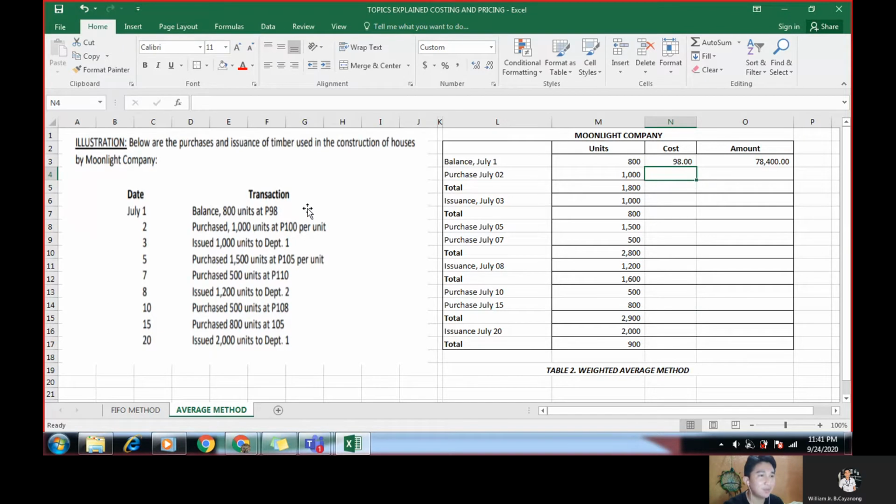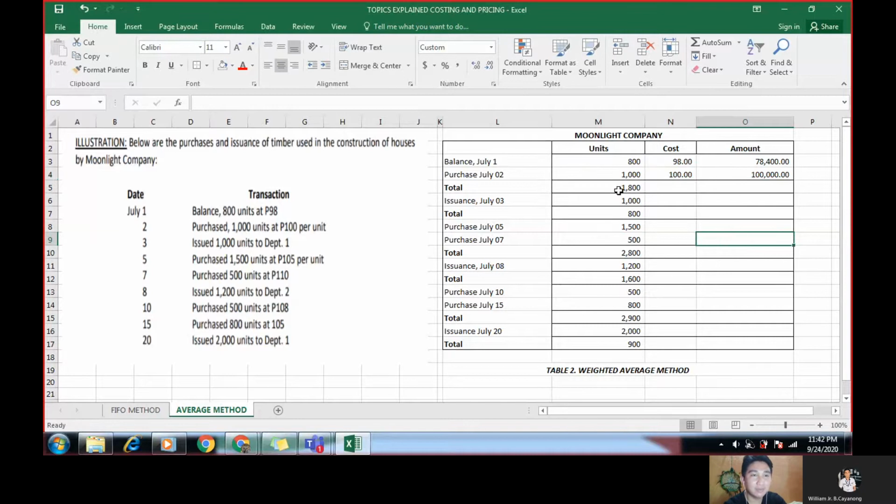On July 2, we purchased 1,000 units at what price? 100. So, take note, di ba, as I said a while ago, mag-change ang price when there is a new purchase. Now, compute muna natin to. 1,000 times 100, okay, 100,000.